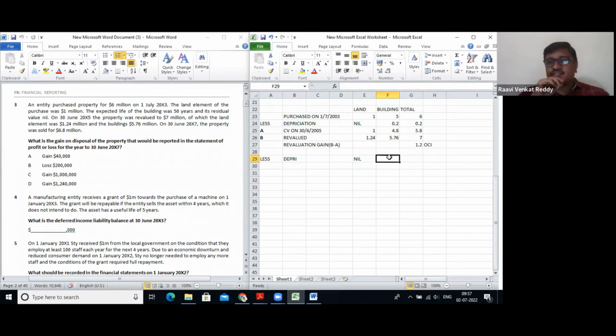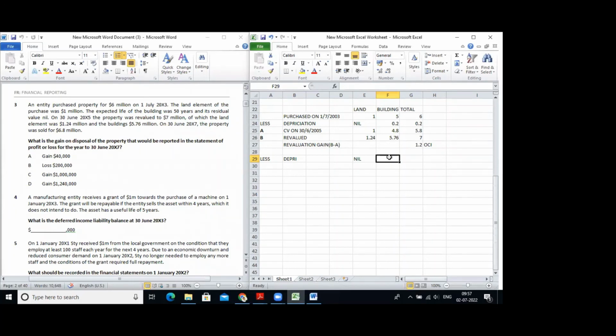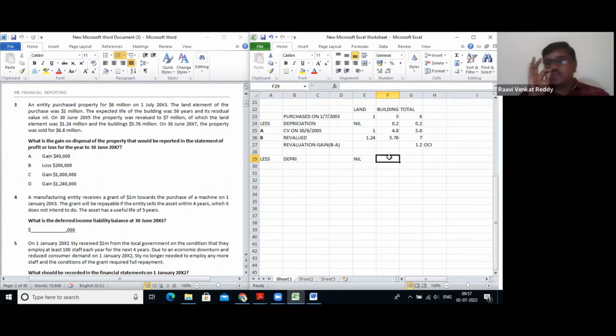5.76, because when you revalued the asset, we should charge the depreciation also on the revalued amount. So the depreciation will be 5.76 divided by 48 years, the remaining useful life of the asset, for 2 years, from 2005. So it will be 0.24.